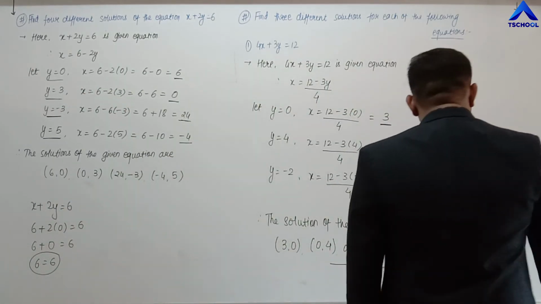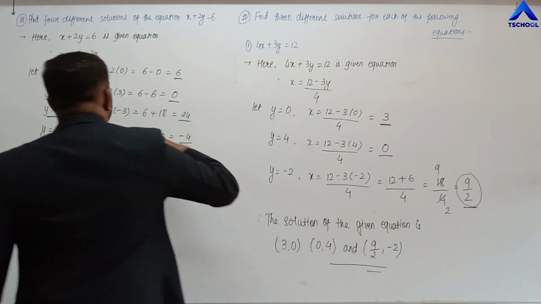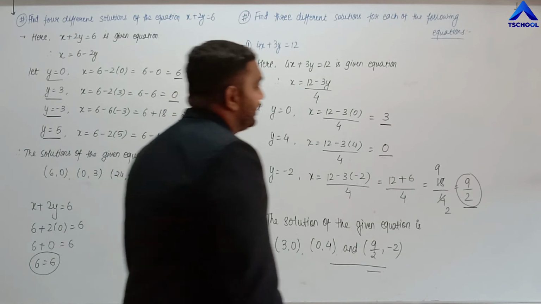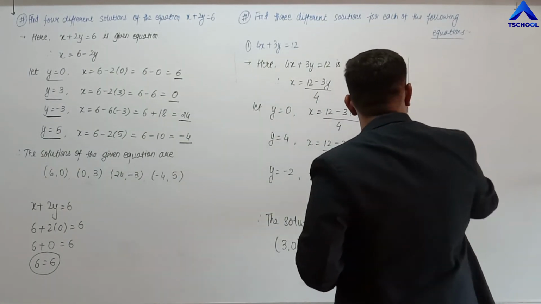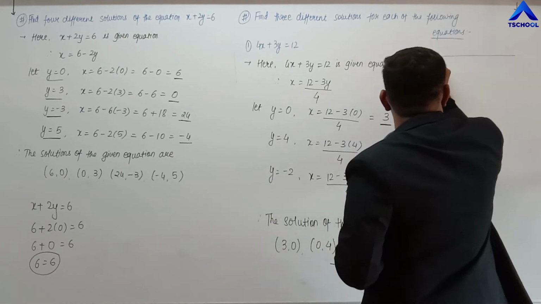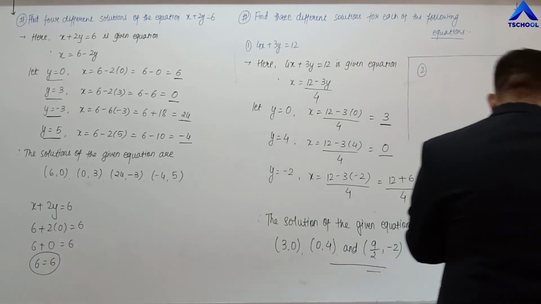Friends, I shall give you one or two questions in the homework for your self-study purpose. Let me write it down here itself. The question is the same. You need to find out 3 different solutions for each of the following.